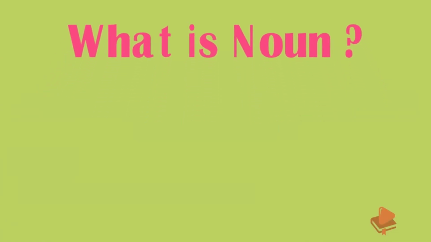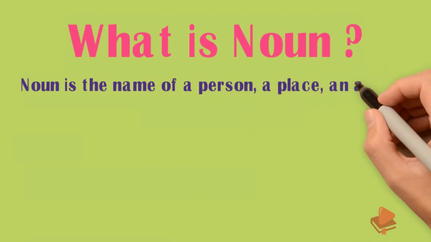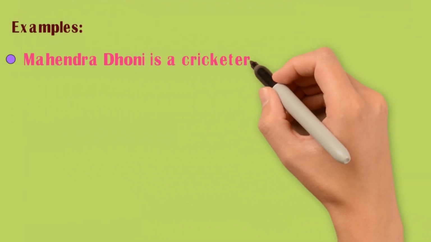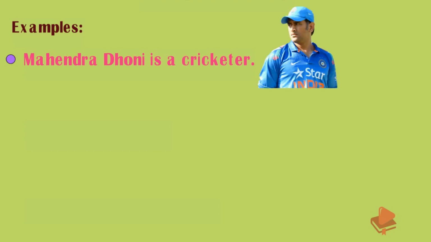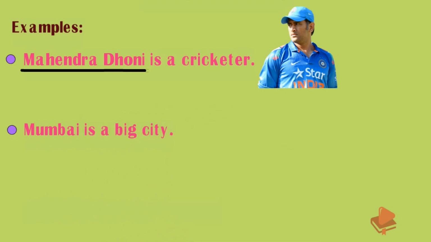So what is noun? Noun is a name of a person, a place, an animal, a thing, or a feeling. Let us see an example about it. Mahendra Dhoni is a cricketer. Now in this picture you can see Mahendra Dhoni. So that is a name of a person. The next example, Mumbai is a big city.